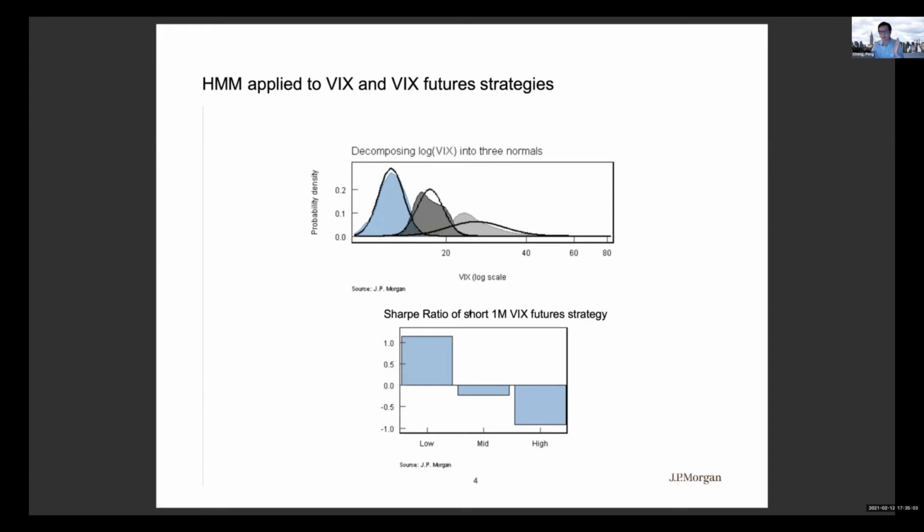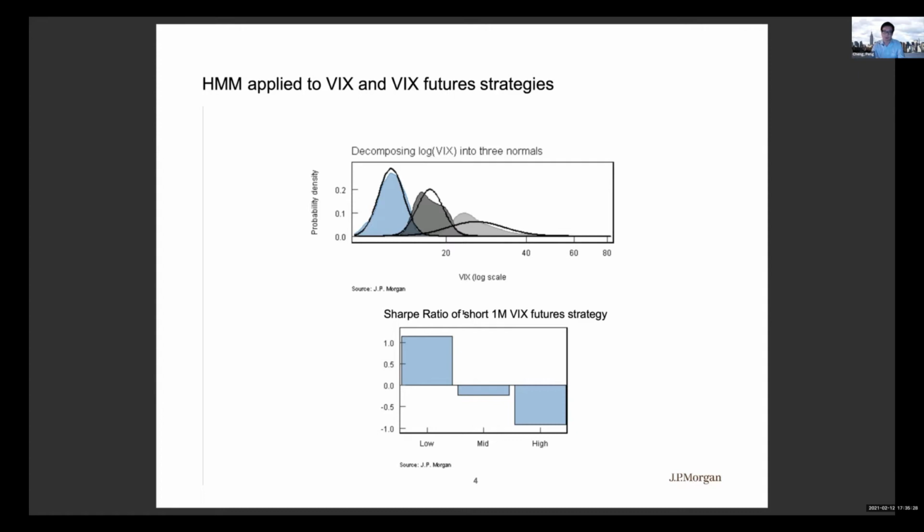XIV was the famous one, and it got completely wiped out in 2018. There are other strategies that are still out there, even for retail investors to implement. And of course, for institutional investors, it's even easier. And of course, before 2018, it was a very popular strategy. But after 2018, it became a little bit less popular for obvious reasons.